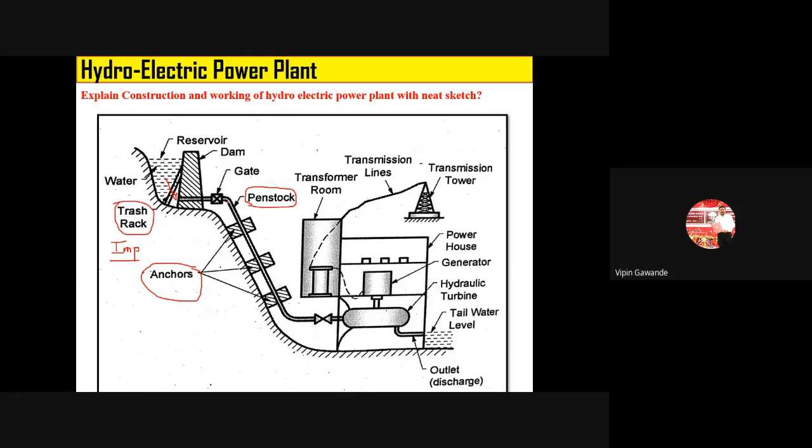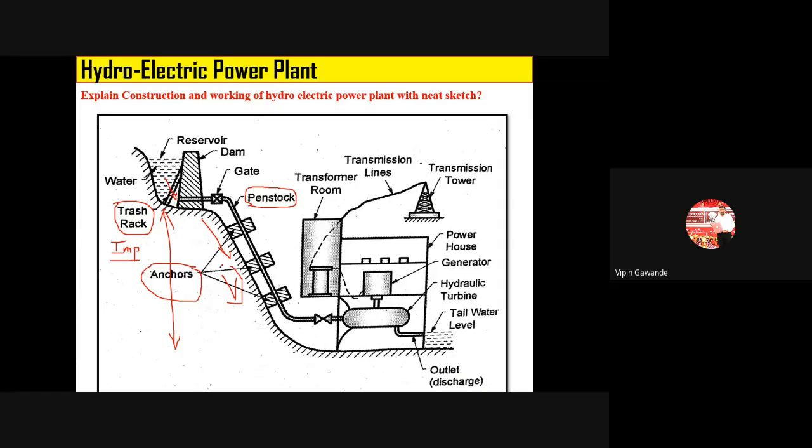Now when the gate is open, water flows at very high velocity. Why? Because it is flowing from a high head, because we have taken the height of this water. Whenever the water flows from a height, it has very high velocity.